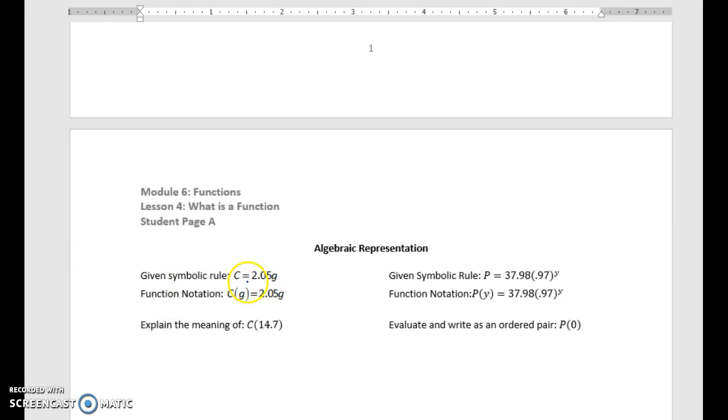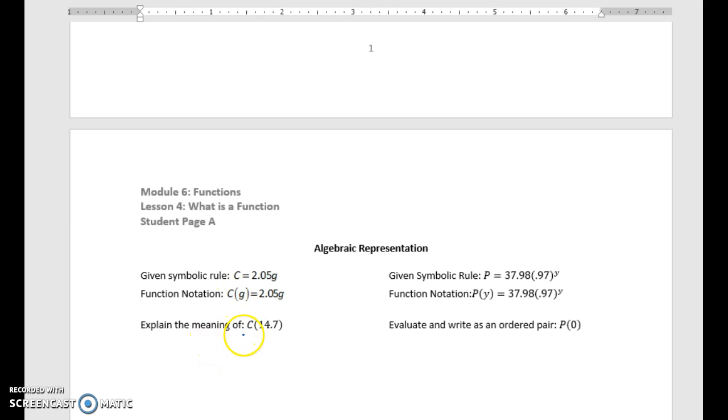So if we just look at this, C equals 2.05 times G, and C of G equals 2.05 G. This is telling us that this is now a function and that G is our input variable, C is our output variable. And if you recall from covariation, everything that's happening in the unit of G, some relationship is happening at the same time with C. We don't know what C and G represent, and it doesn't really matter at this point. We're just representing that this situation is a function by writing it in function notation.